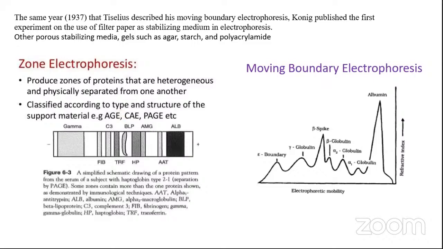As you can see here, in zone electrophoresis, say you use one kind of gel for separation, or even sometimes paper, every protein acquires a particular zone after it has separated, or it gets localized in one particular area or a band, as we normally refer to it, and they are essentially well separated. There is no mix here.